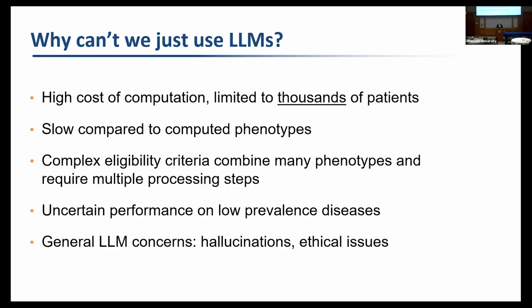These computed phenotypes are designed so you can run them across millions of patients and find the 1,000 that have the rare condition. The LLMs may not work as well when you're looking for those unusual cases. And there are general LLM concerns like hallucinations, ethical issues, and the stuff about values that Zach and others were talking about yesterday.